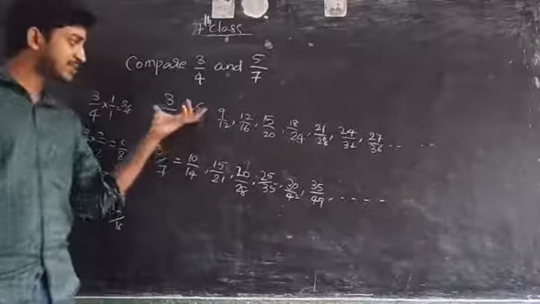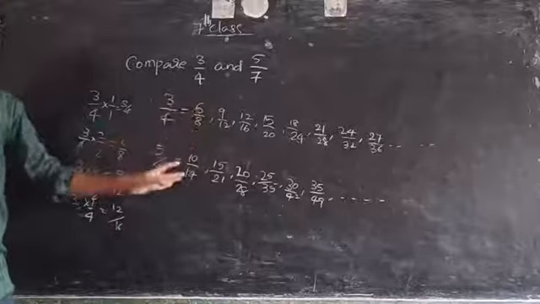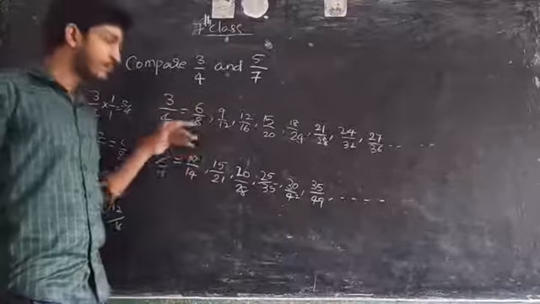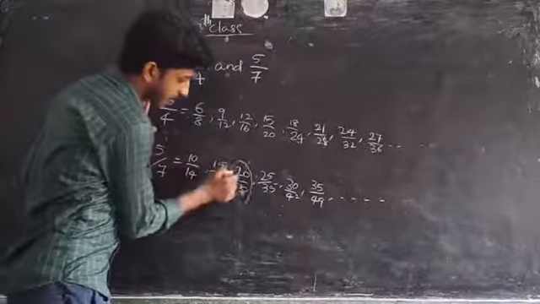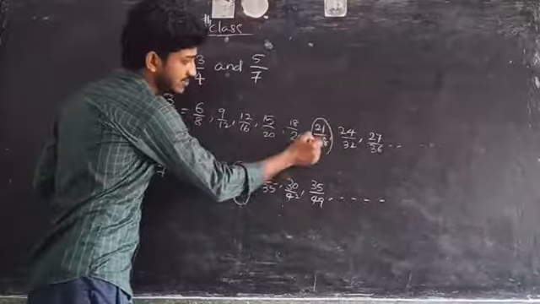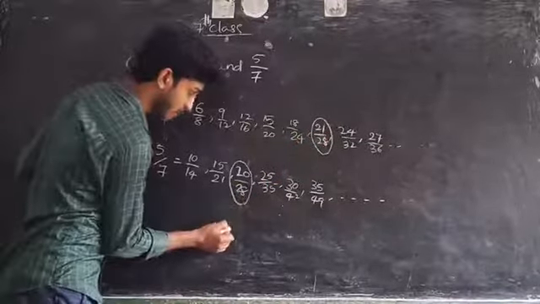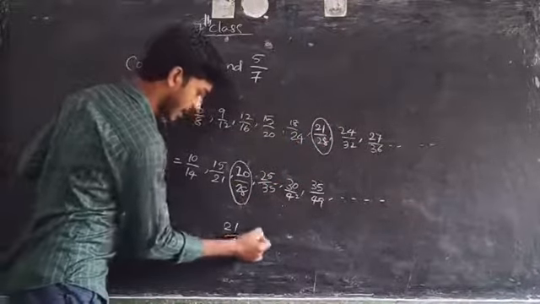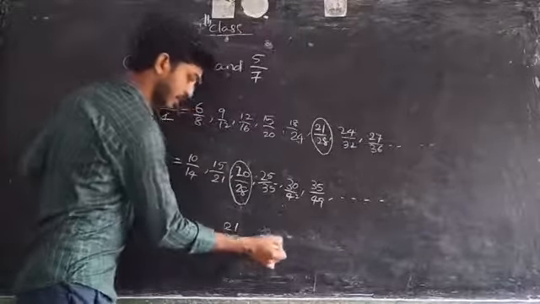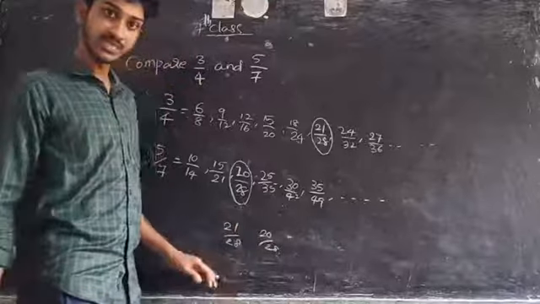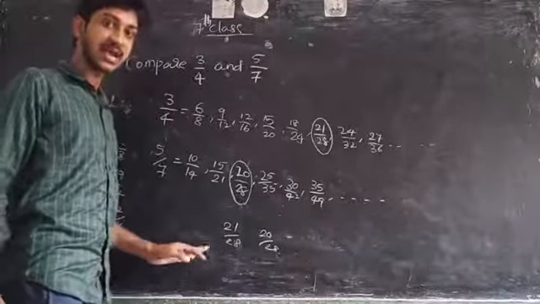See here, compare these multiples and these multiples. If you see here, this number and this number have the same denominator. So same denominator means 21 by 28 and 20 by 28. These two numbers have the same denominators, which means these are like fractions.